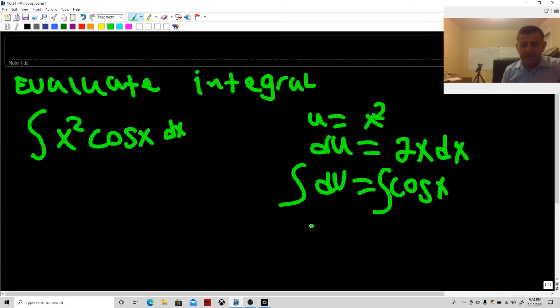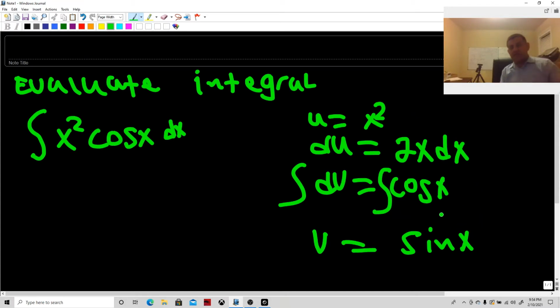So when we integrate on both sides, we get v is equal to sine x, right? So technically it's equal to sine x, right? Both sides, we get v is equal to sine x, right?